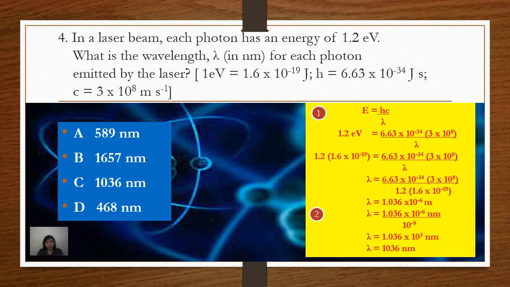We will get 10 to the power negative 6 plus 9. So finally, we will get 10 to the power 3. Then we use 1.036 multiplied by 10 to the power 3 nanometer. Finally, we will get lambda equals 1036 nanometer. So the correct answer is C.